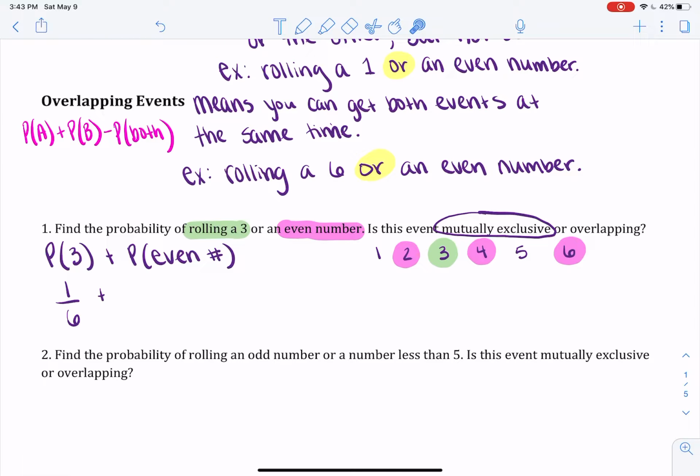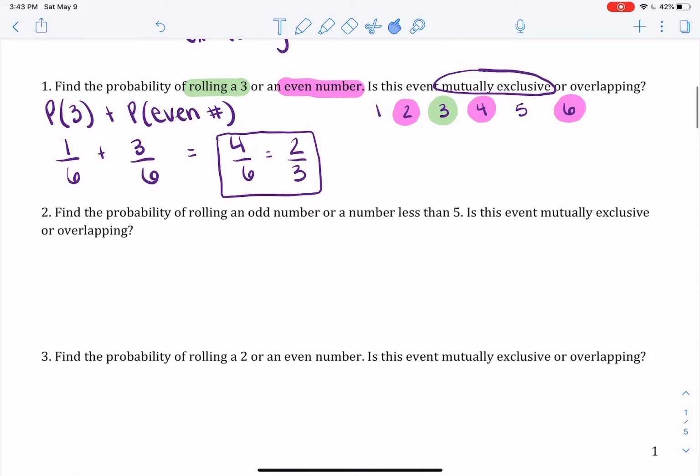Plus the probability we roll an even number, well, that's 1, 2, 3 times out of 6. So 1 plus 3 gives me 4, so 4 out of 6, or that could be simplified to be 2/3. Okay, we did the first one. I hope that wasn't too bad, but we've got more practice, so don't worry.